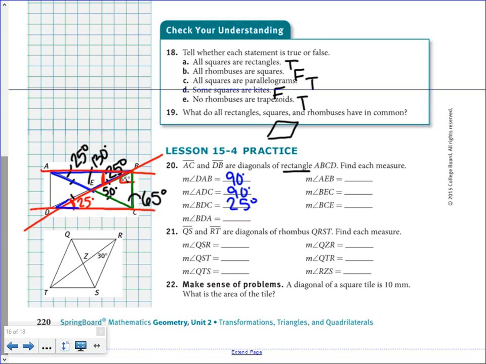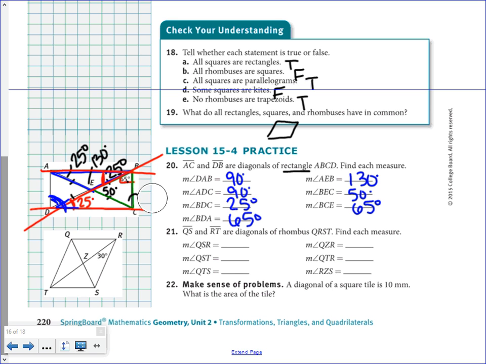If you look at angle BDA, that's this angle here, which is 65 degrees. Because remember, these have to be a right angle. Angle AEB is 130. Angle BEC is 50 degrees. And then angle BCE is 65 degrees.